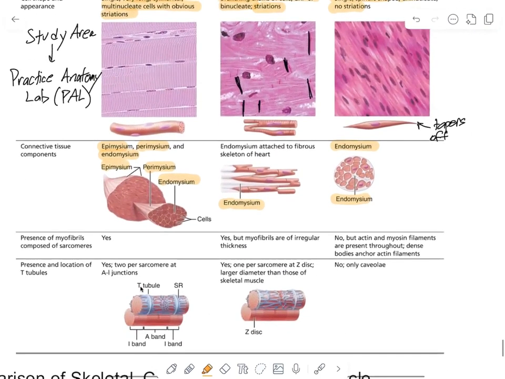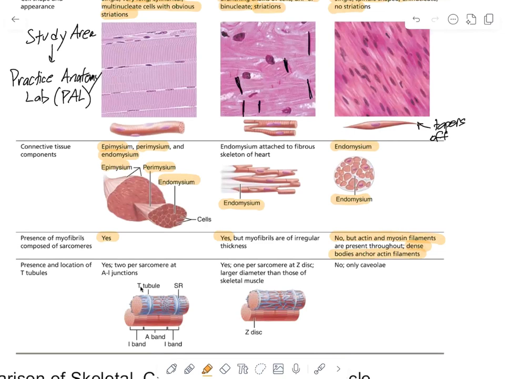For our next row, we have the presence of myofibrils, which are only in skeletal and cardiac muscle, but not in smooth muscle. There's actin and myosin filaments and dense bodies which anchor those actin filaments.